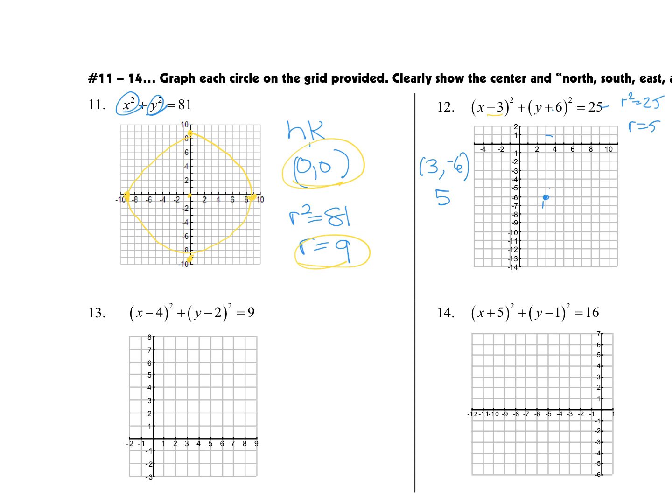And then we're going to take a radius of 5. So we're going to go 1, 2, 3, 4, 5. And 1, 2, 3, 4, 5. Doesn't matter which direction you do them in.